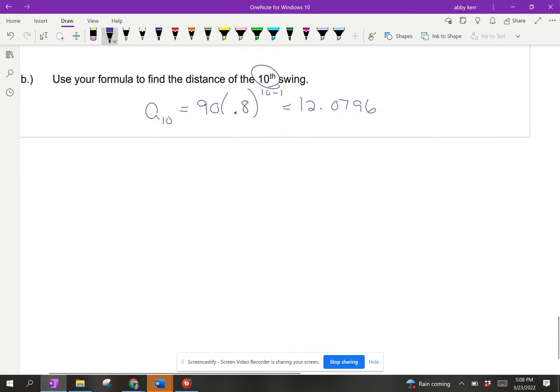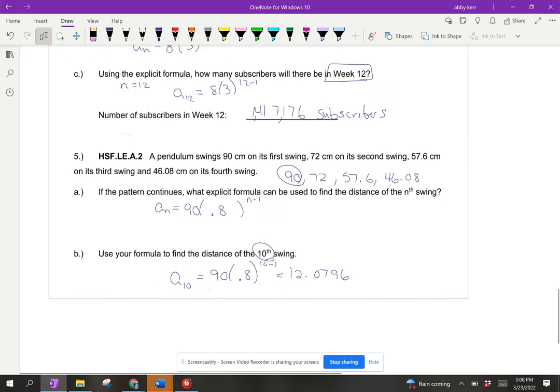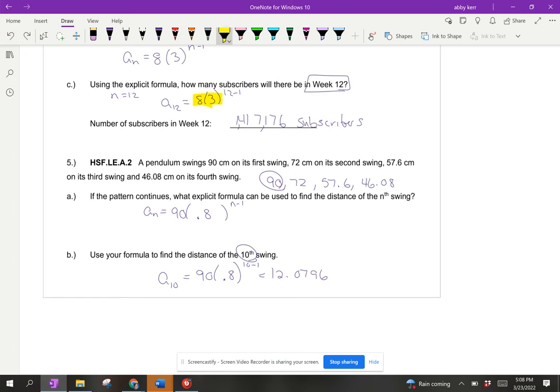All right. One thing that's really important that we've talked about in class a few times, you are not allowed to do 90 times 0.8 and then simplify it. You can't do that. The same with 8 times 3. You can't say 24 caret 12 minus 1.